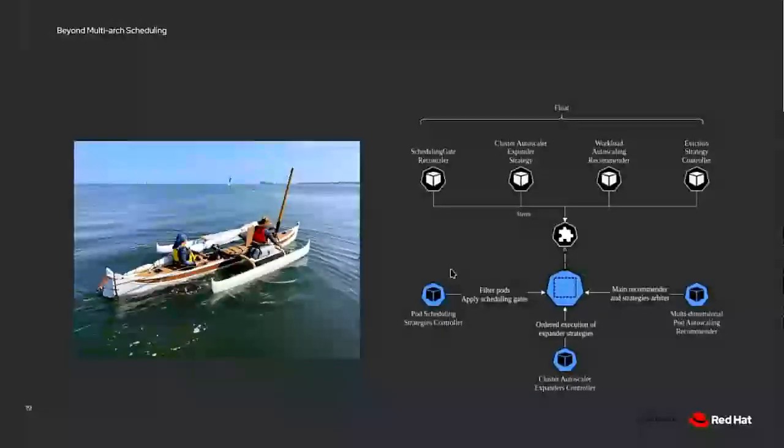Outriggers in boats are essentially elements that give more stability to the boats. They are composed of floats that float in the water, struts that are the elements that provide the structure attached to the boat, and once they are attached, your boat can stay more stable in challenging waters.